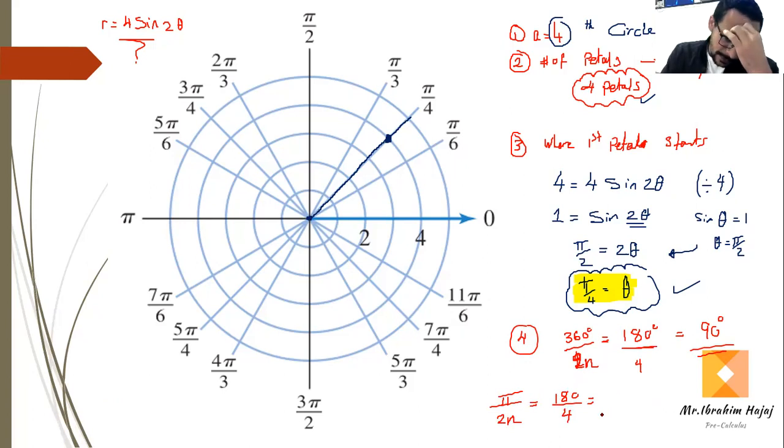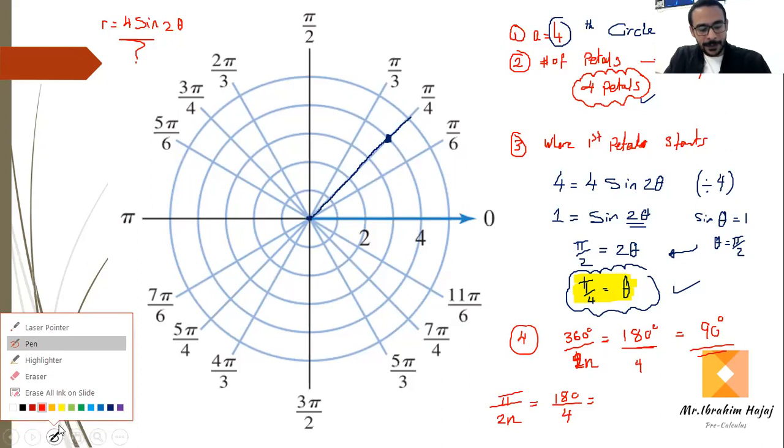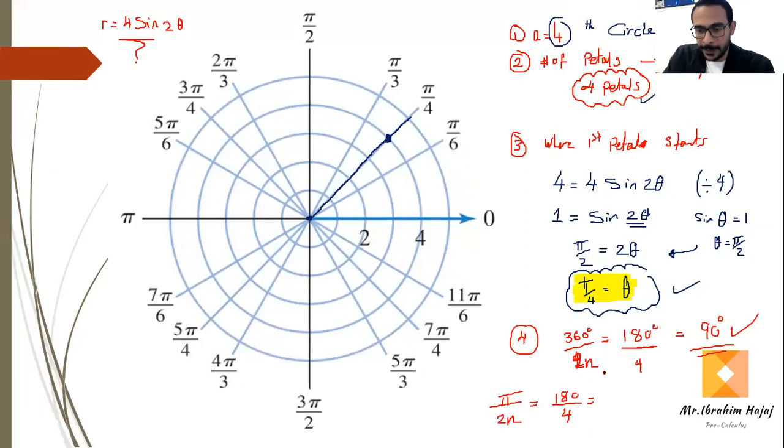Let me make sure of this part. 360 divided by 4, you are right. Why 4? Because n is 4. 360 divided by n, or by 2n. We are correct now, so dividing by 4. Forget this one.